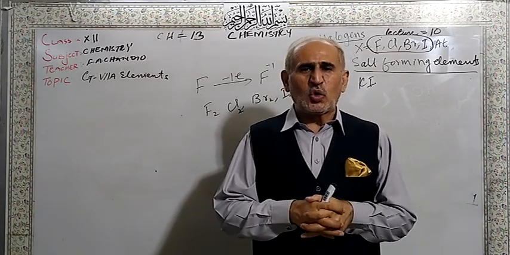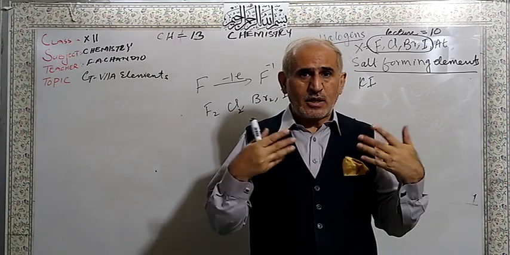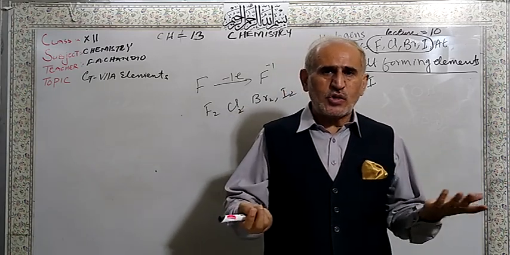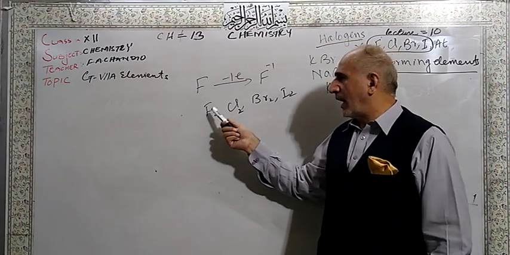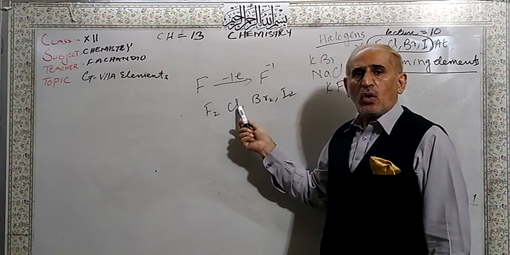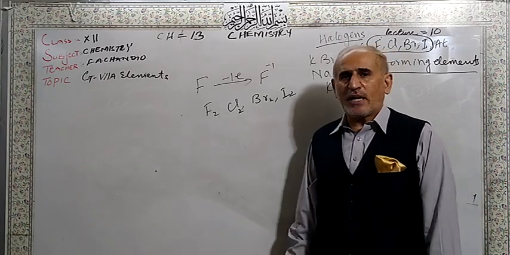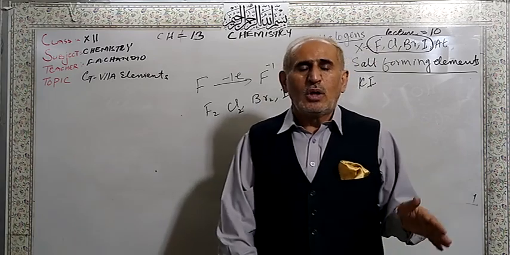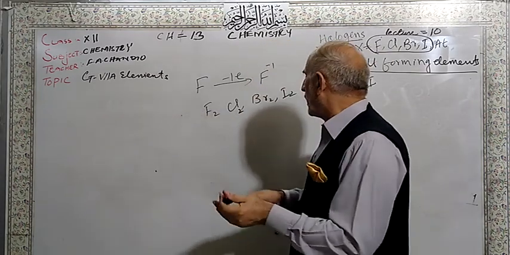In this MCQ all the students make a mistake, thinking fluorine is higher and chlorine is less, but chlorine's electron affinity is greater than that of fluorine.